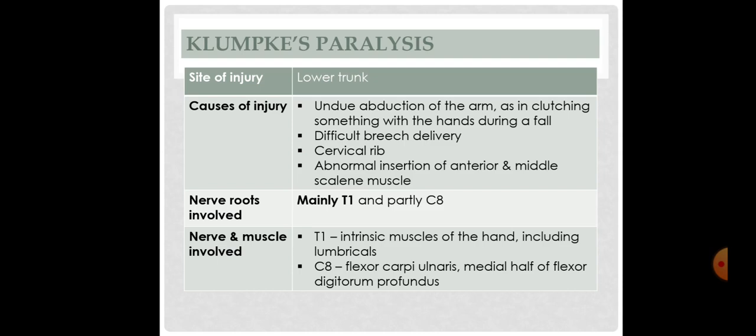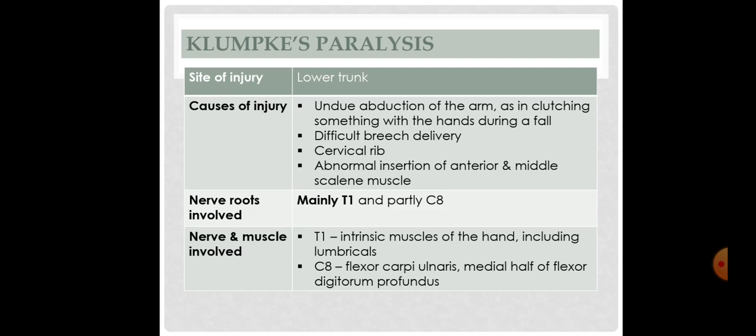Okay, so what are the causes of Klumpke's paralysis? When a person falls from a height, and to prevent falling, if he clutches something to hold the fall or prevent the fall, there is hyperextension of the shoulder, and this mechanism causes injury to the lower trunk.